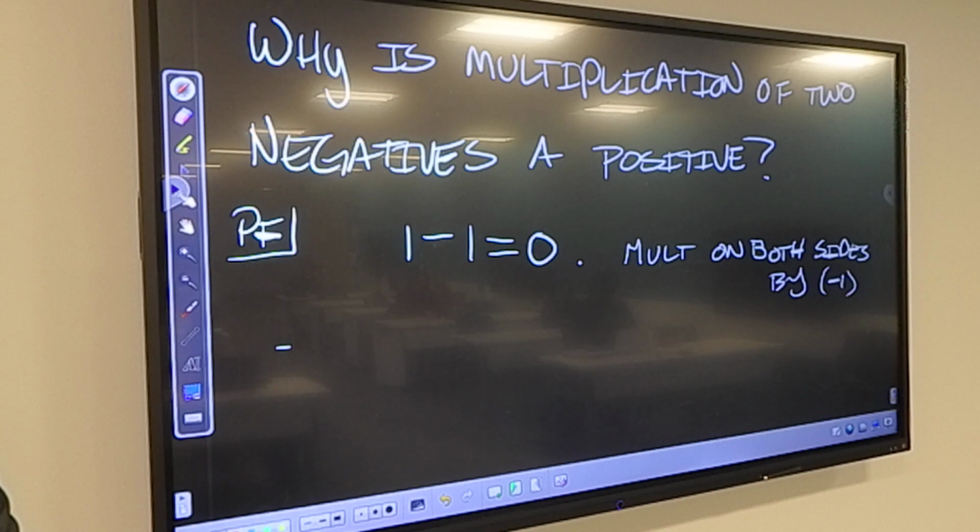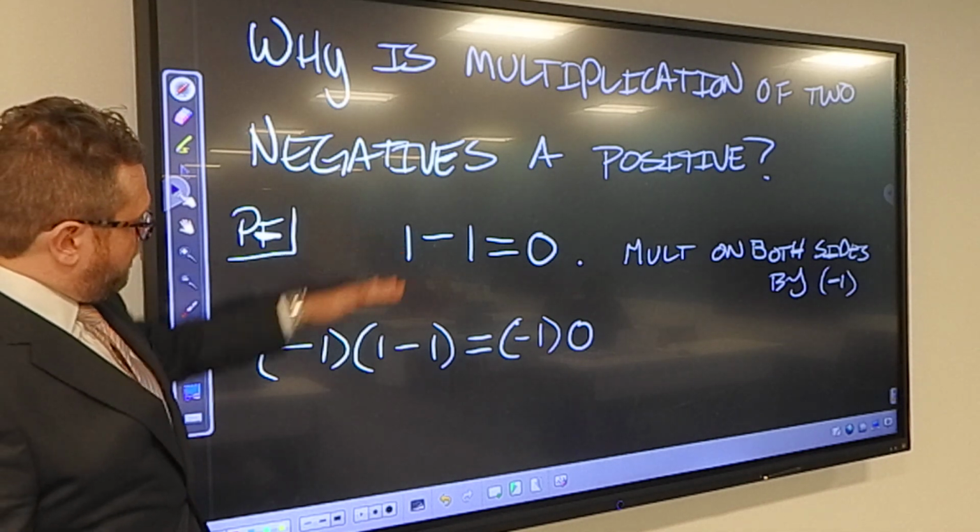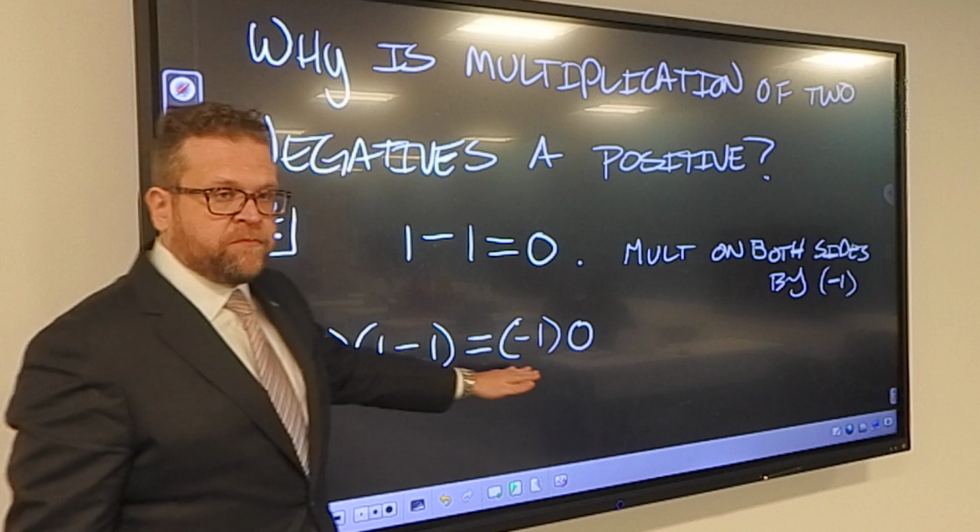So it would look like, here's my minus 1, and I'm multiplying on the left. And of course, because of the definition of equality, I need to also multiply by the minus 1 on the right. Okay, so I started with this that everyone agreed with, and I multiplied by minus 1 on both sides.